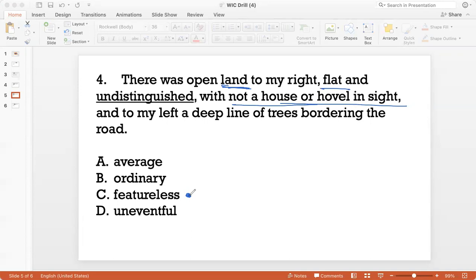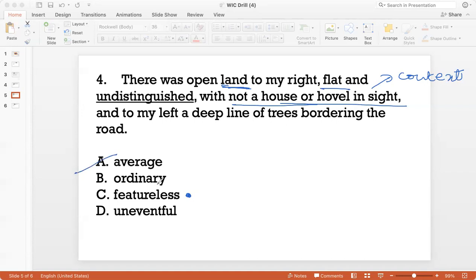Okay, what about average? Average is fine, but average does not convey the sense of the land being barren, the land not having any growth, not having any establishment, any habitation, right? So that sense of no house or hovel, this is the context that I have to pay attention to. That sense of nothing on the land is not captured by average.